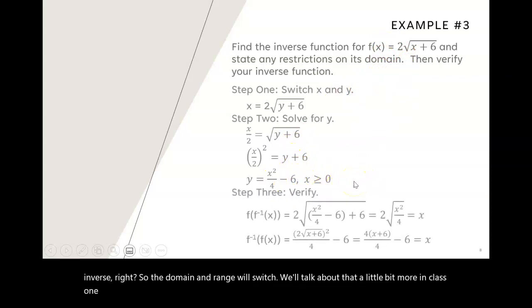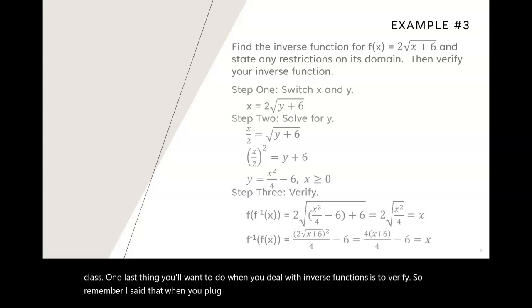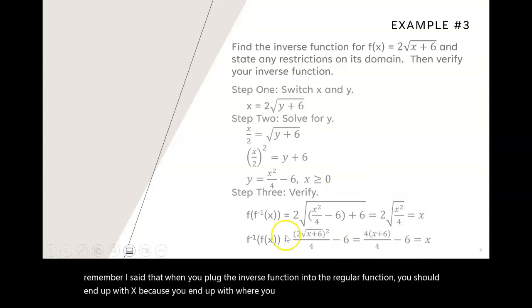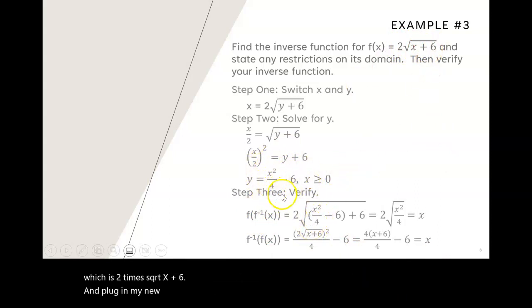One last thing you'll want to do when you deal with inverse functions is to verify. So remember I said that when you plug the inverse function into the regular function, you should end up with x, because you end up with where you started. So in this case, if I were to take f, which is 2 times the square root of x plus 6, and plug in my new inverse, x squared over 4 minus 6, in for x, you'll notice that a lot of things reduce.